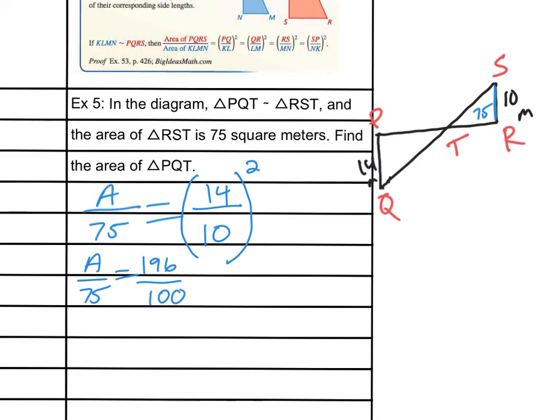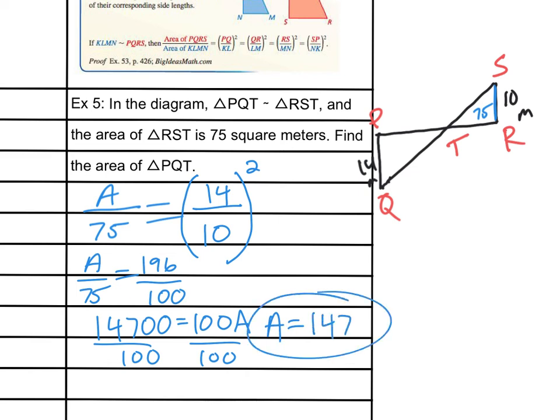So 196 times 75. So I have 14,700 equals 100A, which is the area. Divide both sides by 100. And I'm left with the new area has to equal 147. Okay, so the area of this triangle is 147.